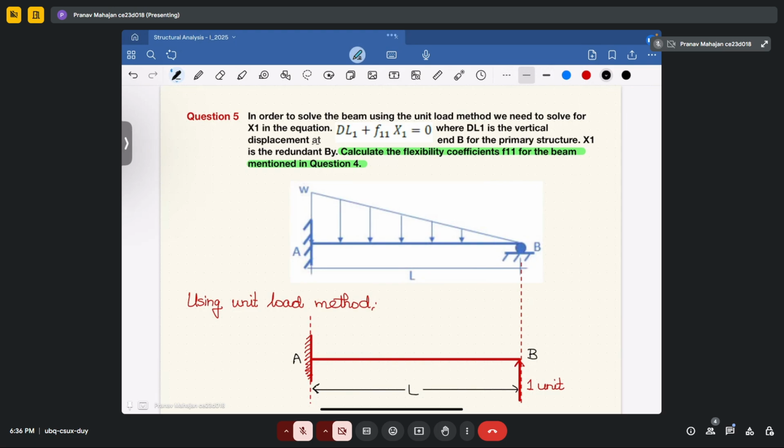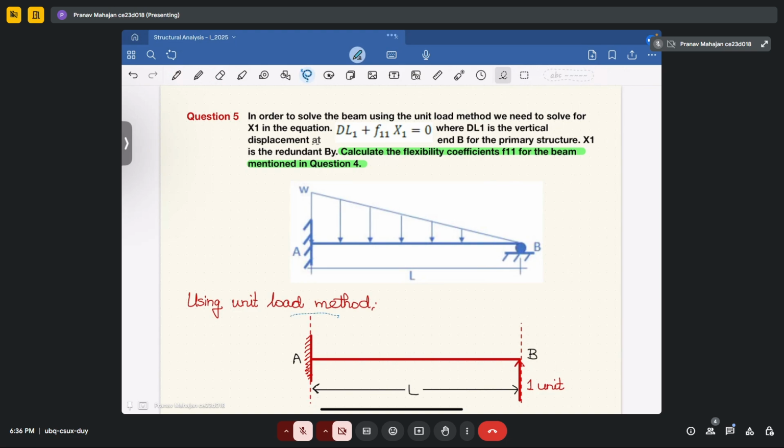So how will you do that? You will apply the same moment area method and first determine the M upon EI diagram for this structure, and then calculate the moment about the end B, and that will give you the deflection, or you can say the flexibility coefficient for this unit load diagram.